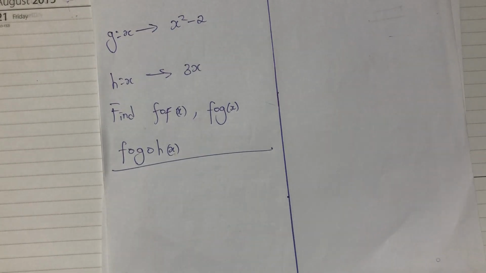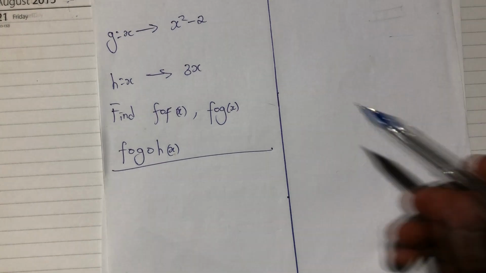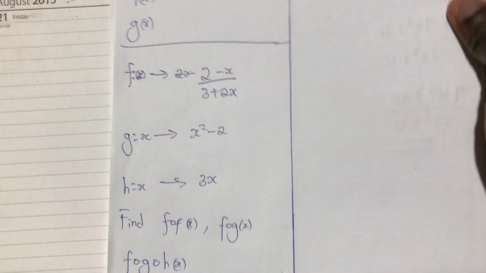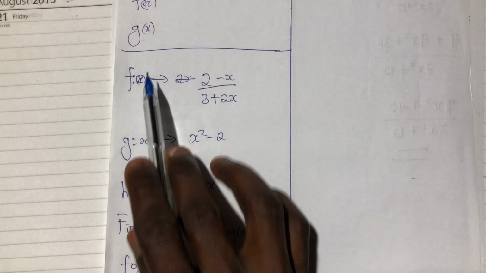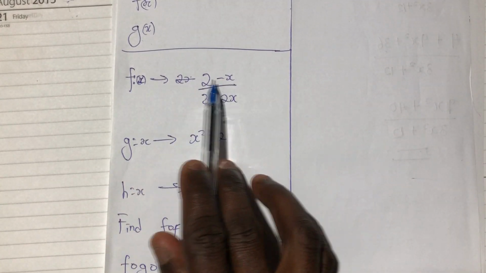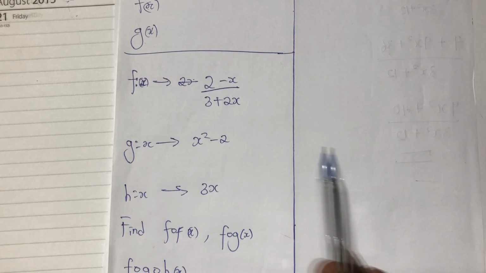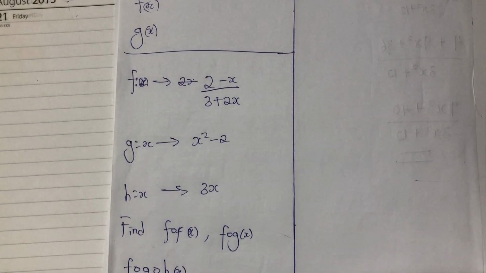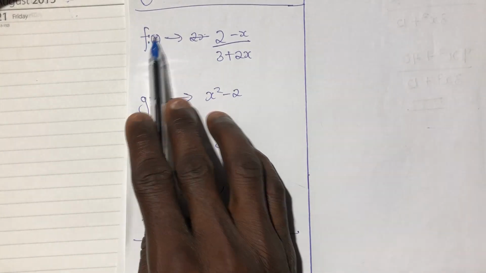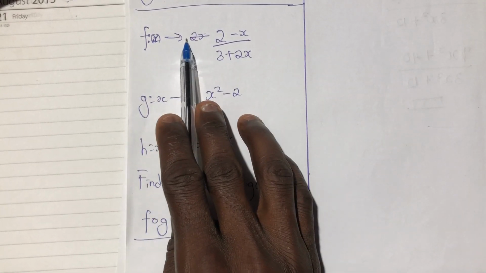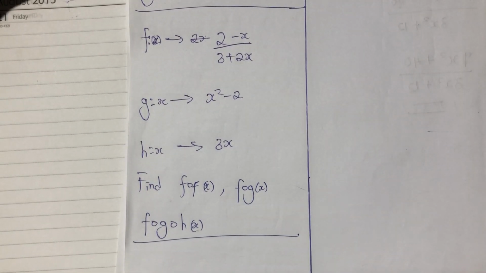So in the previous video, we learned that before we tackle any question like this under composite function, we need to find out if this is a function. Now this has been mapped to this. We need to change it into an equation before we can tackle it. So we consider the first one, and to do that, we have to change it into a function and bring an equal sign.